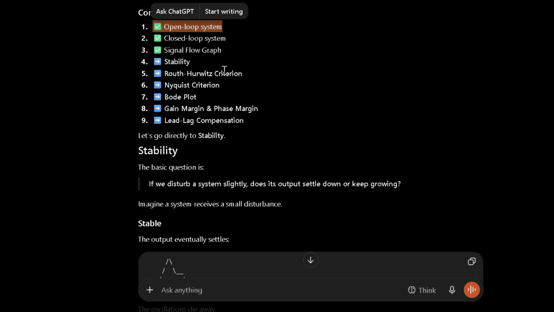What is stability? I don't remember this, the signal flow graph. The basic question is: if we disturb the system slightly, does its output settle down or keep growing?